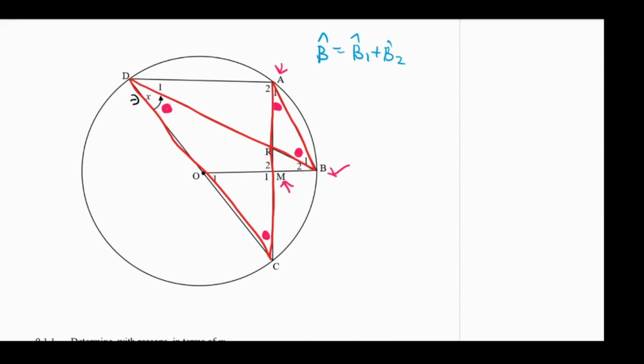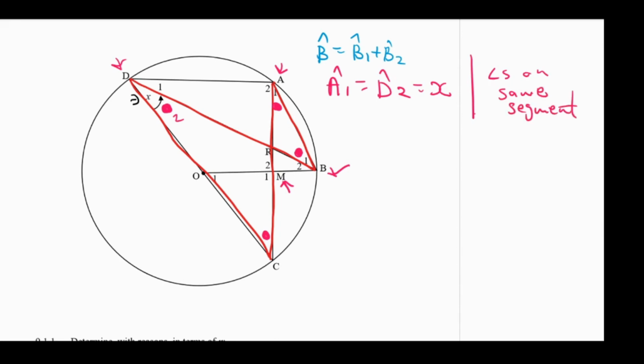So angle A1 is equal to this angle D, which I'll call D2, which is equal to X. The reason for that is angles on the same segment. Remember, I want to find angle B, which is the combination of these two.